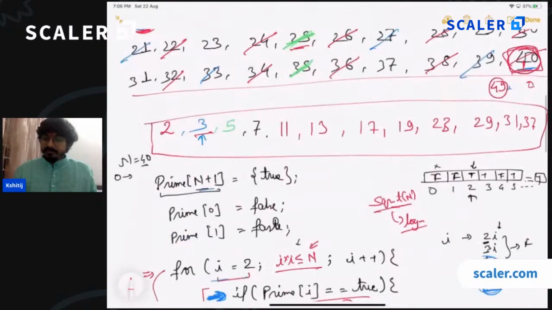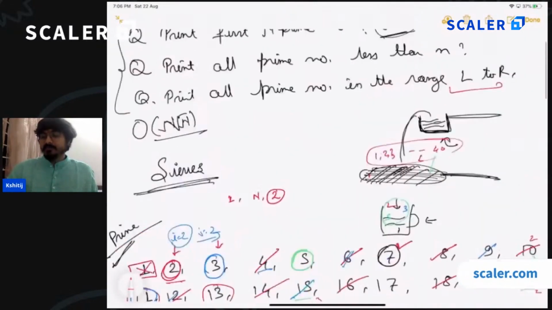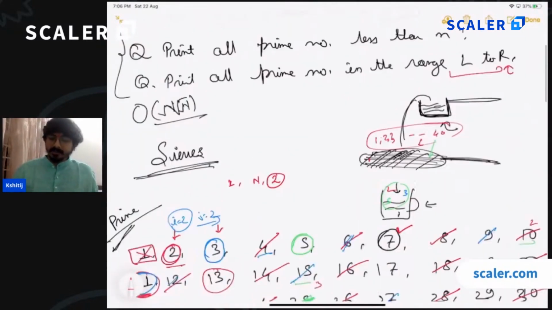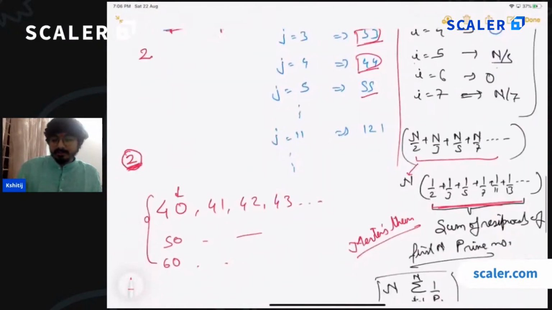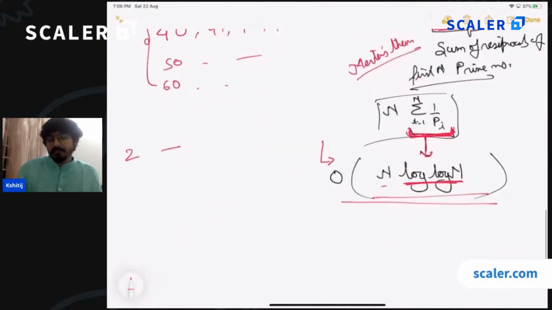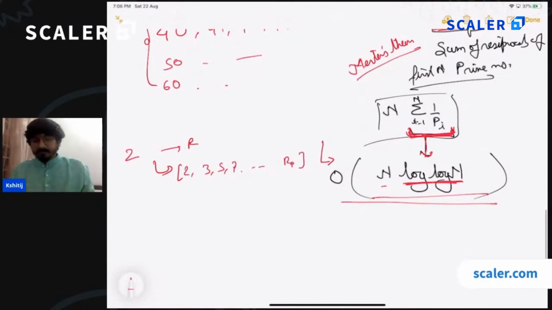Once you have all the prime numbers in this range, this array is going to be a sorted array, so you can apply binary search and find the positions of the lth prime number and rth prime number and print all the values.